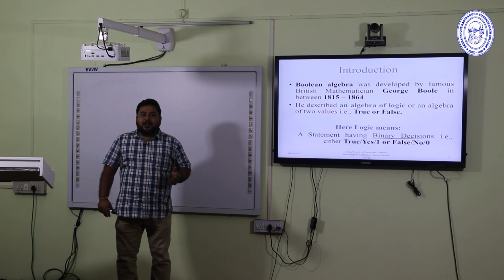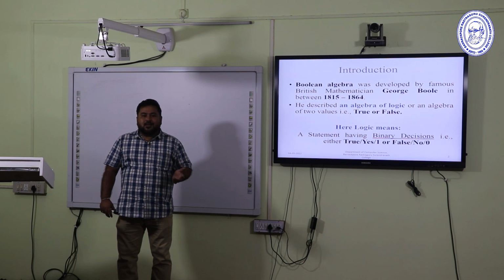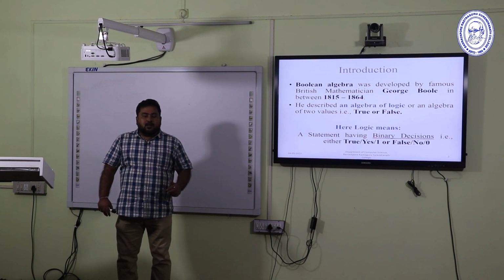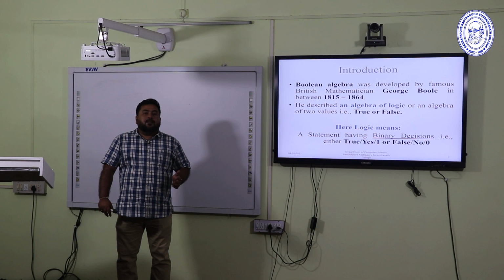Analytics means arithmetic analytics or any kind of computational analytics. In case of arithmetic, we can use various arithmetic operations like addition, subtraction, division, multiplication, modulation, etc. But in case of logic functions, we can use the concept of Boolean algebra.